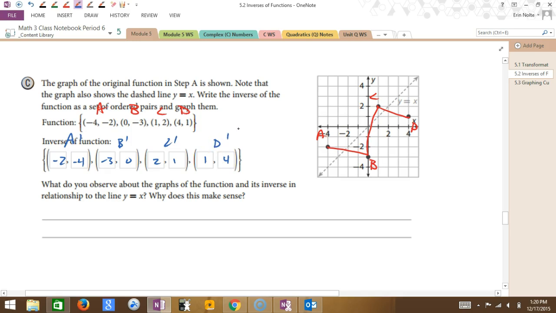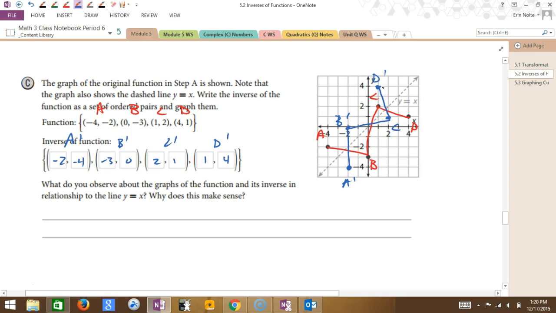Okay, check this out. Ready? My A is going to go -2, -4 right here. There's A. My B is -3, 0. B prime. My C is 2, 1. And my D is 1, 4. What happened graphically to this?